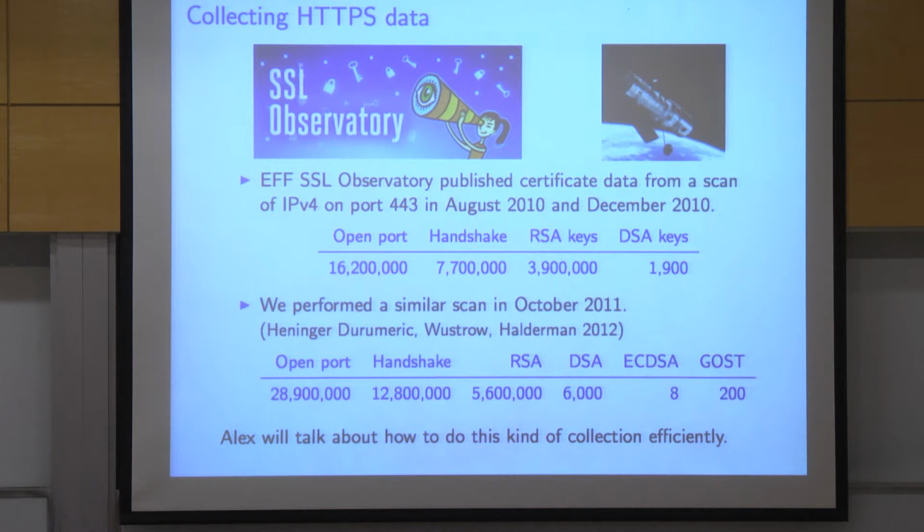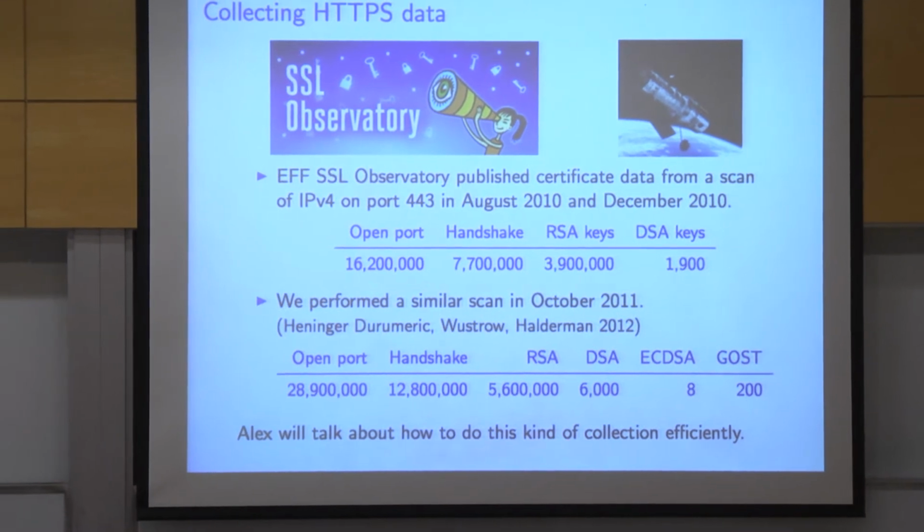I'm going to talk about a lot of results from this paper that was already mentioned, which was done with Alex Halderman and a couple of his students, Zakir Durumeric and Eric Wustrow. When we started this research, we actually repeated a similar scan to the EFF, and we did this in October 2011. Similarly, we used a fair amount of computing resources to essentially nmap the entire internet and download all of the certificates that we could find.